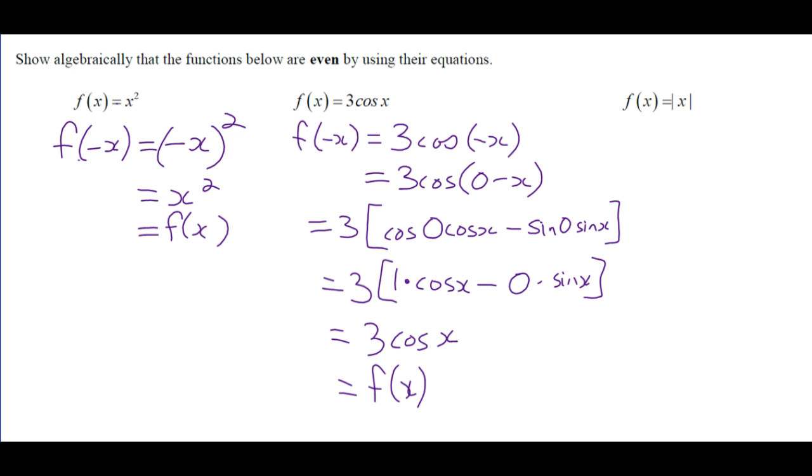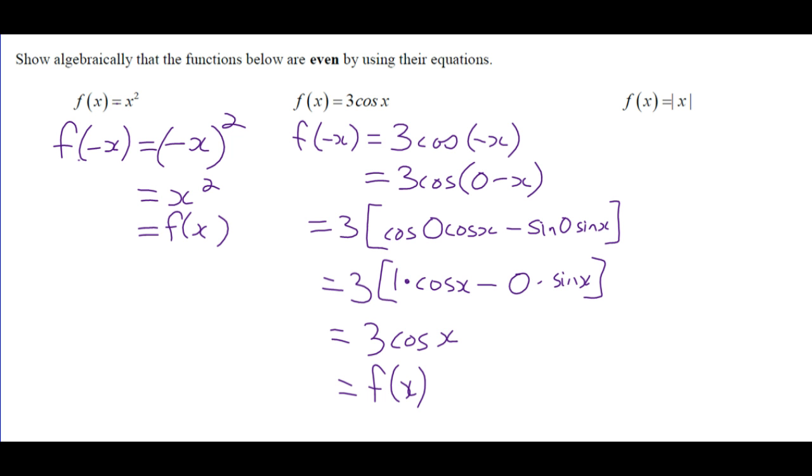So f of -x is ultimately equal to f of x. That's true. It's an even function if f of -x is equal to f of x. So what you're going to do is just take the function definition, work out f of -x, and say, hey, it's f of x.